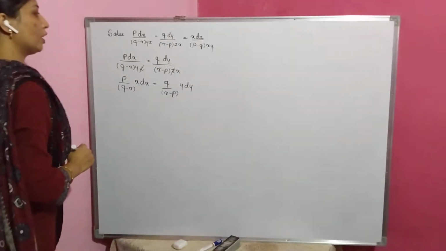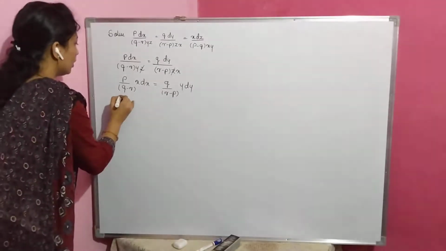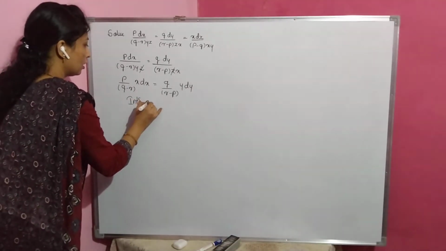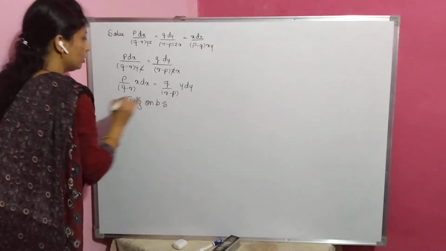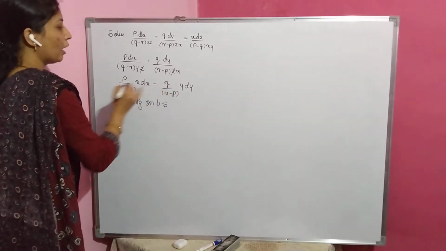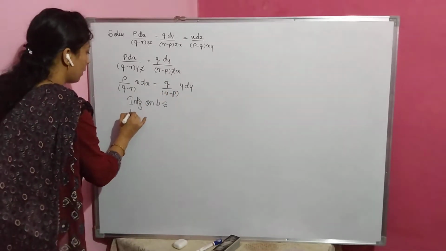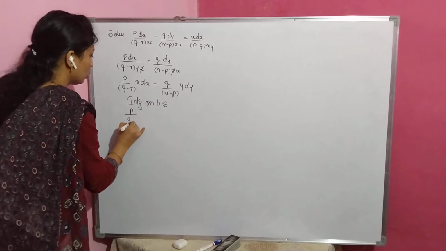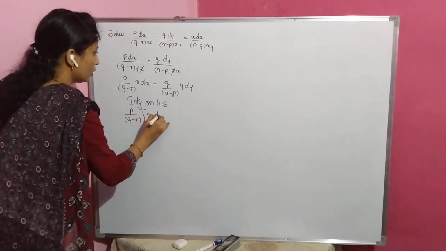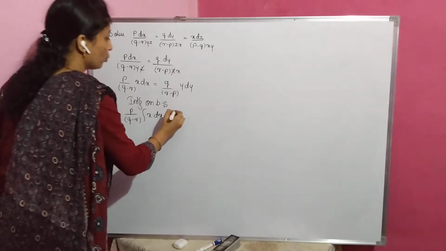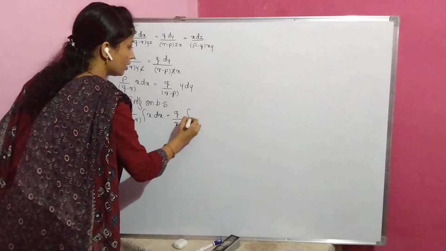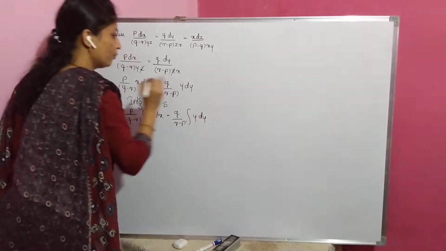Now we have to integrate with respect to x and y, integrating on both sides. Then P divided by Q minus R and Q divided by R minus P are the constant terms, so keep them as they are. P divided by Q minus R into the integration of x with respect to x is equal to Q divided by R minus P into the integration of y with respect to y.